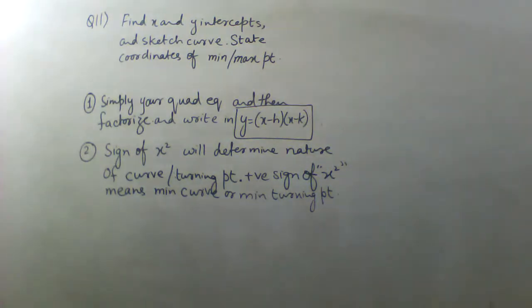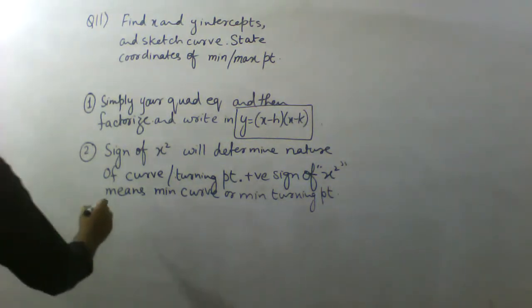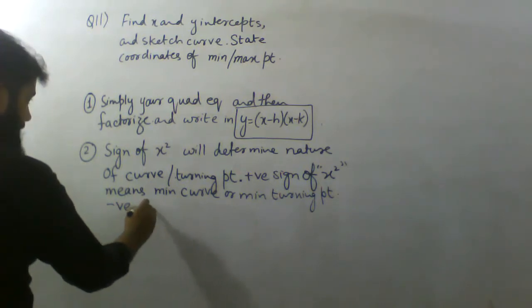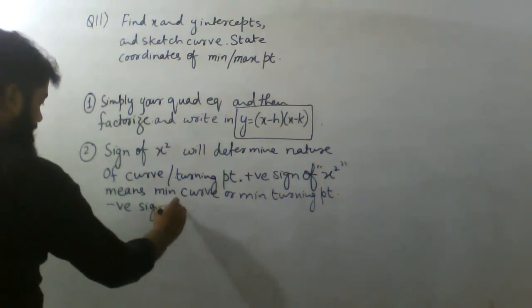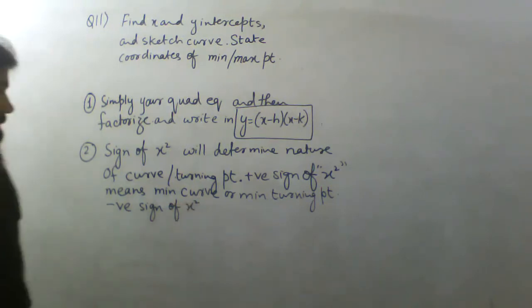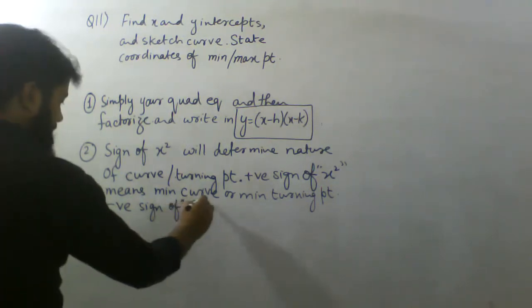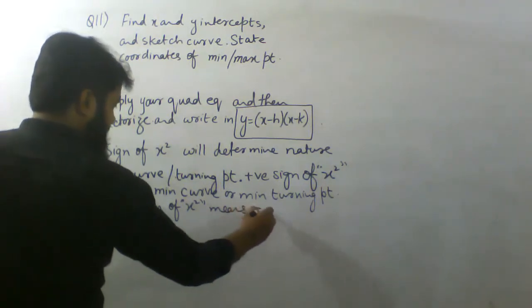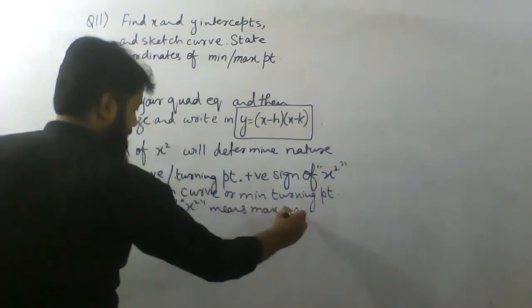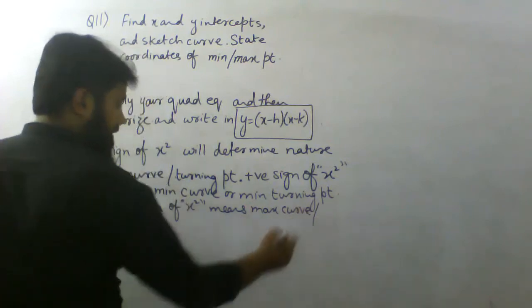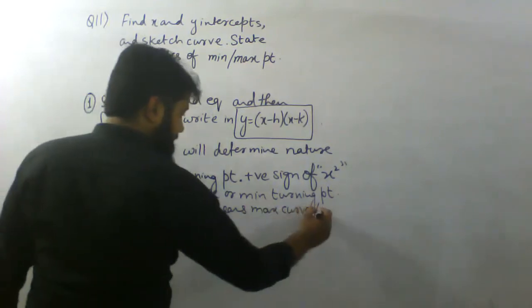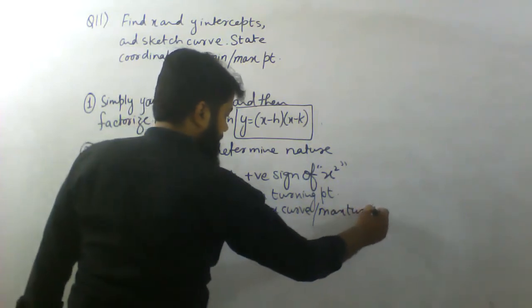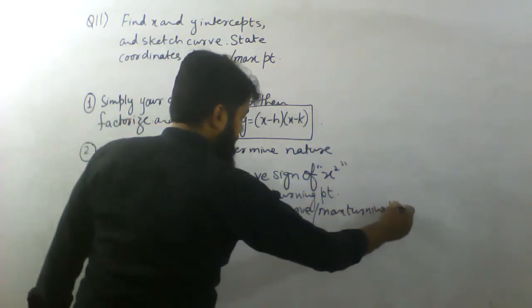And a negative sign of x square means a maximum curve or maximum turning point.